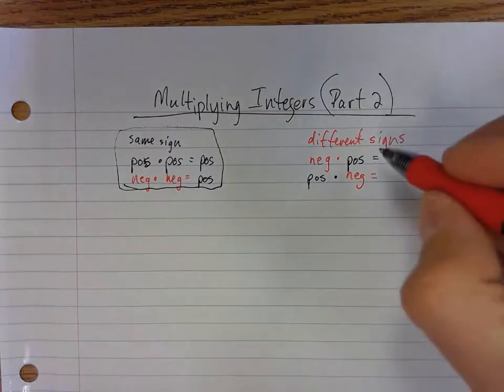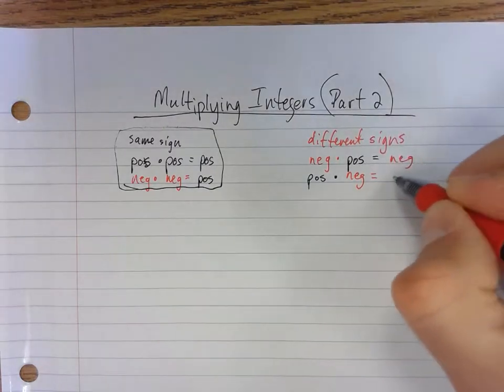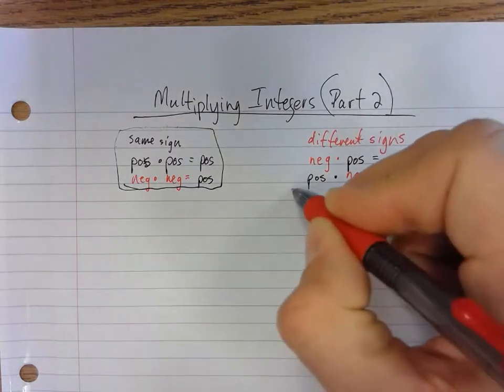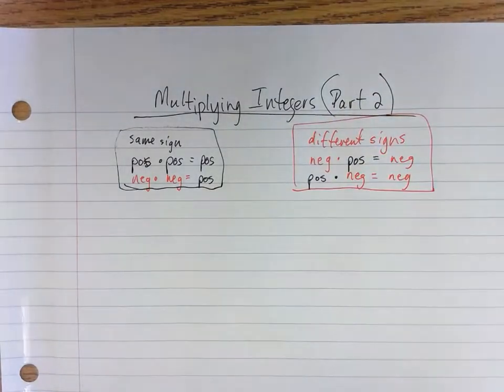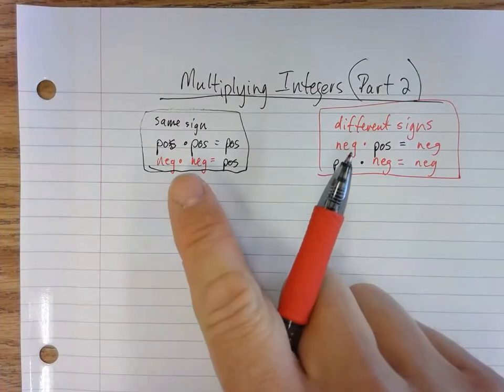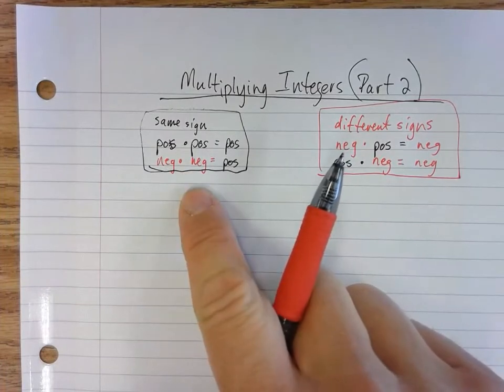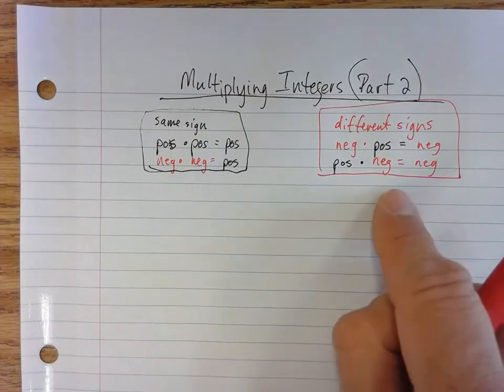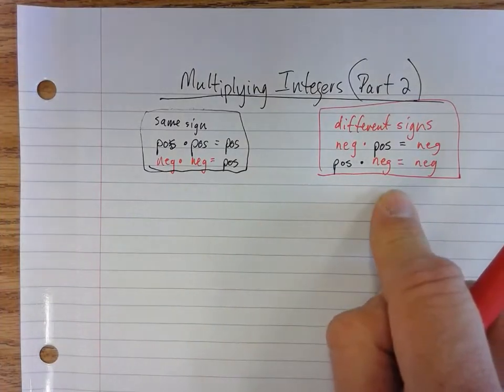Yeah, a negative, right? So, just make sure when you're using the multiplying rules, if they've got the same sign, you're going to get a positive answer. When you multiply them together, your product's going to be positive. And then if they've got different signs when you multiply them together, your product will be negative.